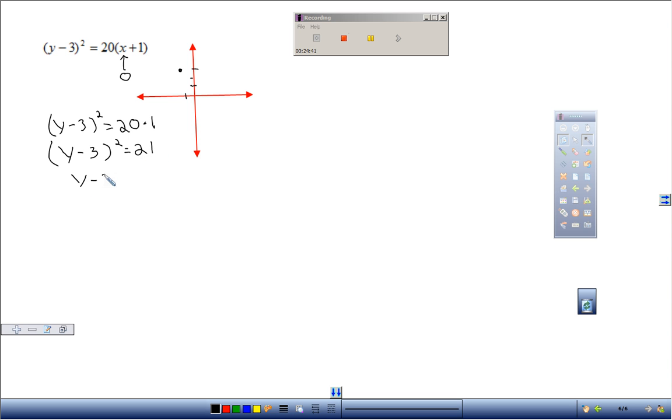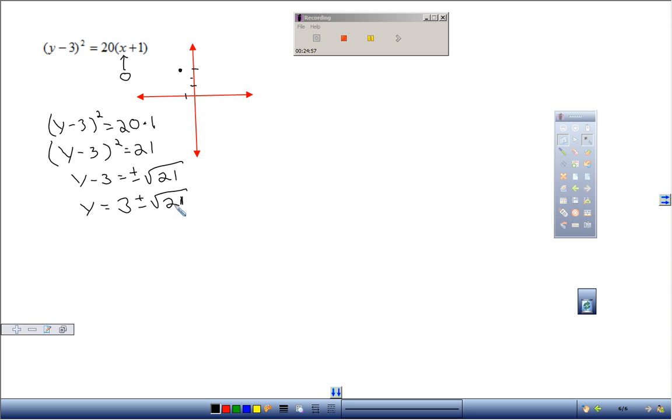This gives me y minus 3 equals plus or minus the square root of 21, which gives me y equals, when I add 3 to both sides, 3 plus or minus the square root of 21, which is kind of a bad number, but it gives you an idea.